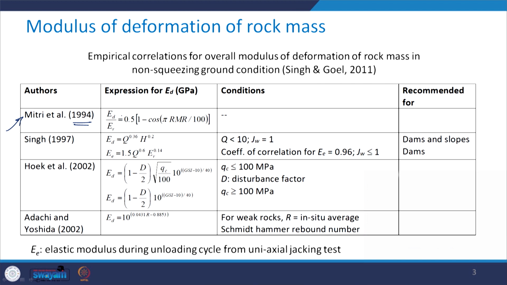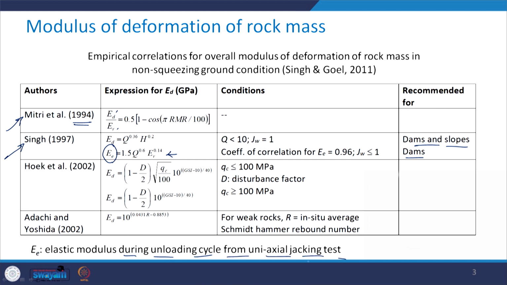It is the expression Ed upon Er is 0.5 times (1 minus cos of pi into RMR by 100). Then Singh in 1997. This was recommended for dams and slopes, and the second one is for dams. Here this Ee is the elastic modulus during the unloading cycle from the uniaxial jacking test.